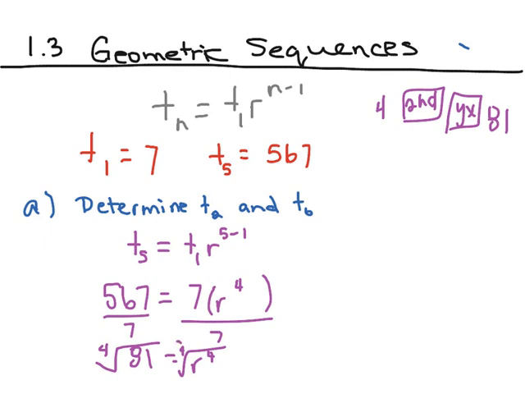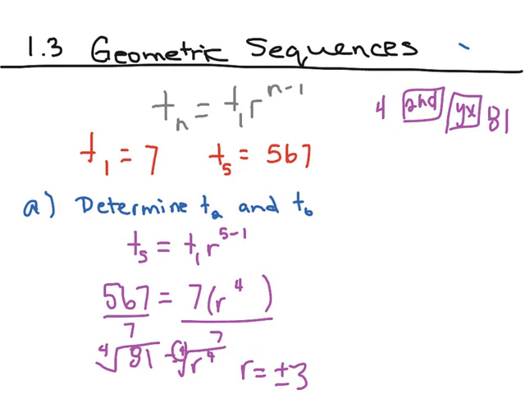Because our exponent is even, R has to equal positive or negative 3. So the fourth root of 81 is 3, but it's positive and negative.